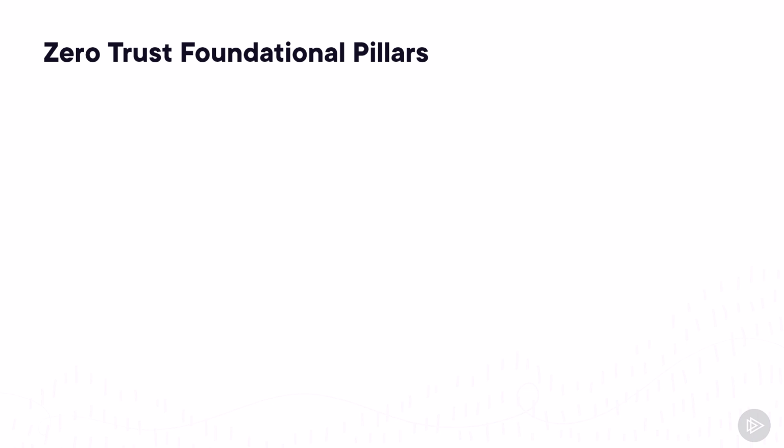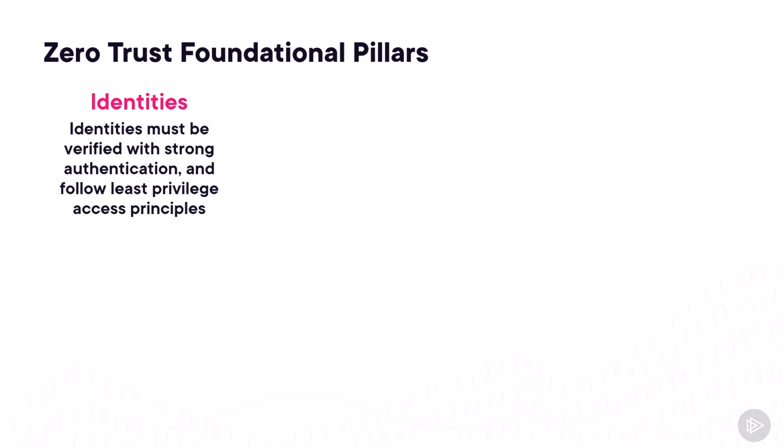In the Zero Trust model, we really need all the elements to work together in order to provide end-to-end security. When we talk about elements, we talk about six elements that are foundational pillars of the Zero Trust model. First are identities. Identities may be users, services, or devices.